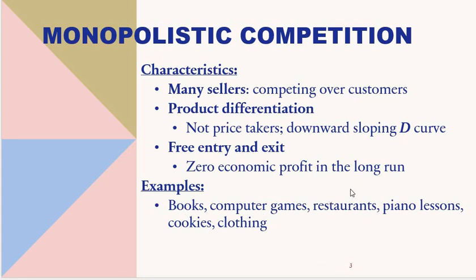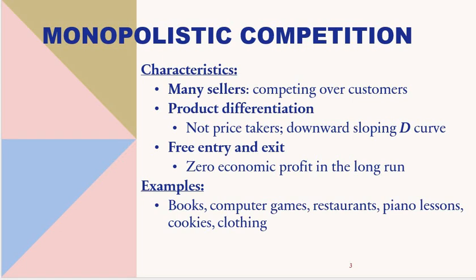And other good examples are restaurants, right? Even in the smallest town in the world, you have multiple restaurants. But each restaurant might have something that builds their customer loyalty. So that's the differentiated part. And the barrier to enter or exit a diner business is considered to be relatively low, right?